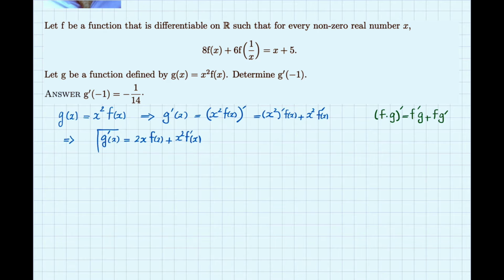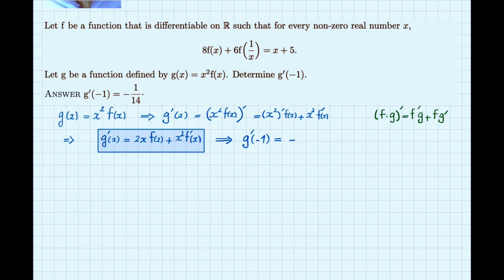That is the formula for my derivative. Now I am supposed to calculate g prime of minus 1, so I have to replace x with minus 1 everywhere.